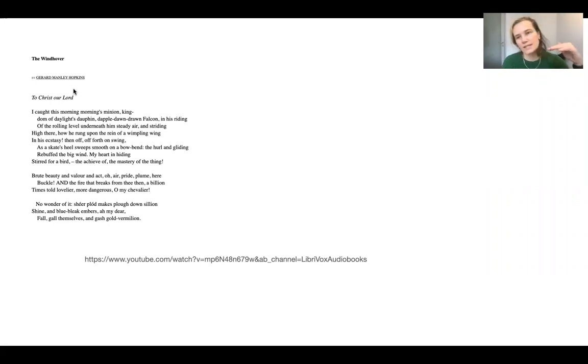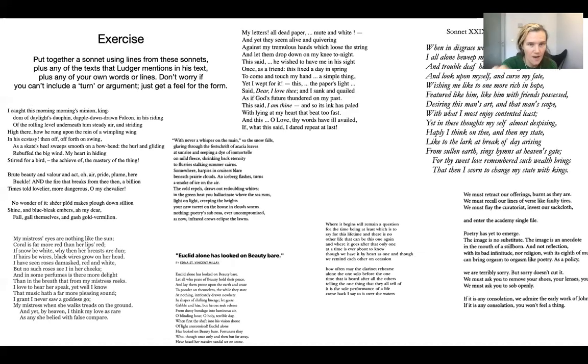And then in this last line, fall, gall themselves, the repetition of the or sound is a little bit more as though the bird is going down. So you see these quite simple aspects of sound symbolism working in these sonnets.